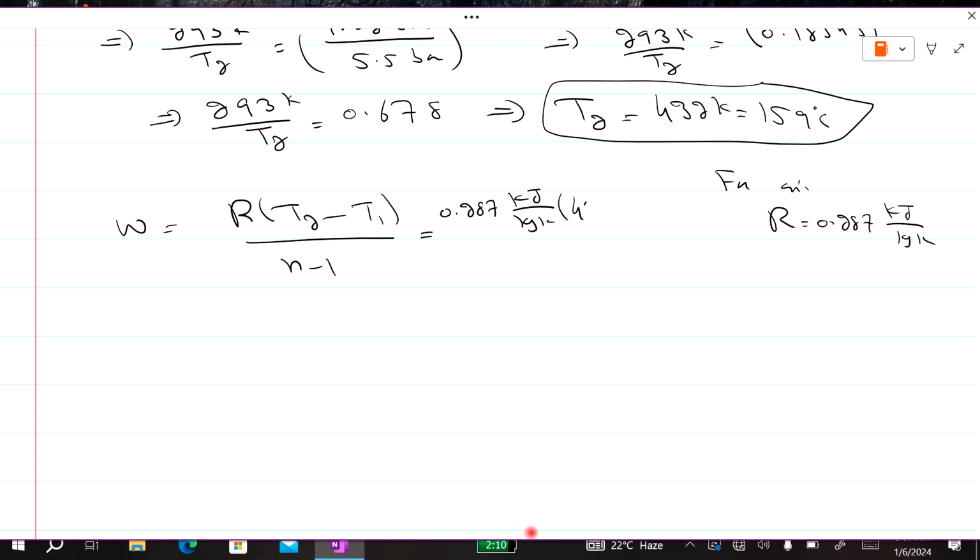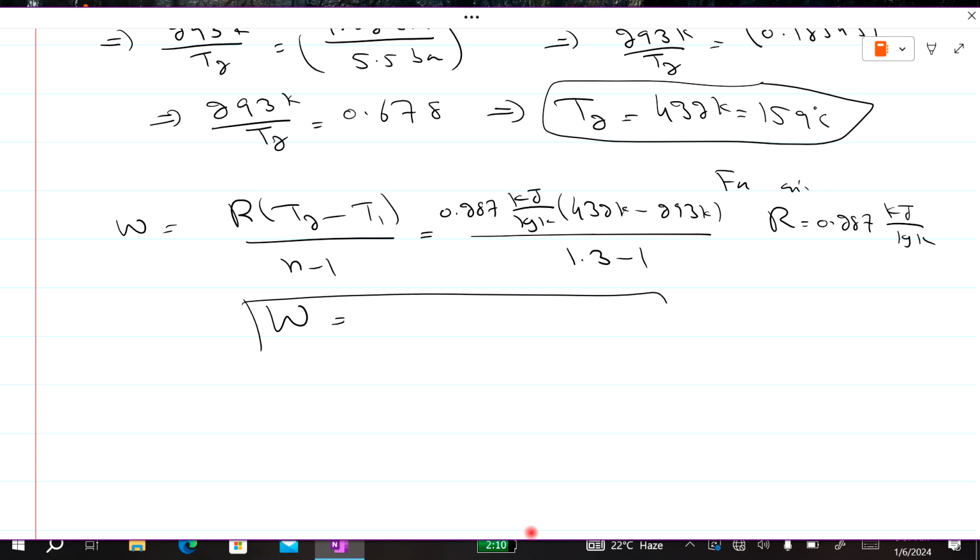T2 is equal to 432 Kelvin and T1 is equal to 293 Kelvin, divided by n minus 1, where the value of n is 1.3 minus 1. This is a simple calculation; the value of W is equal to 133 kilojoule per kilogram.